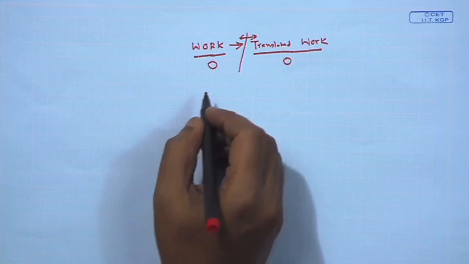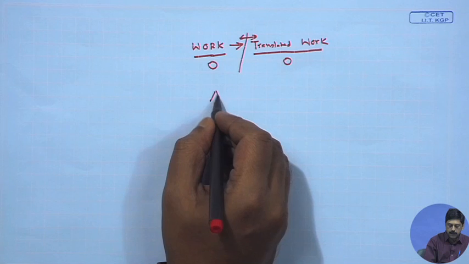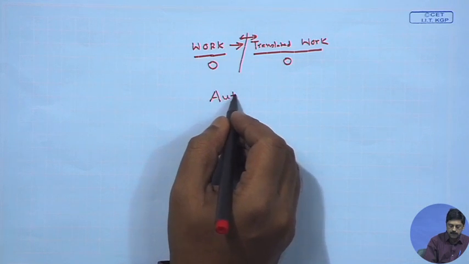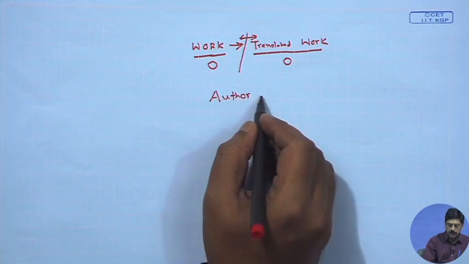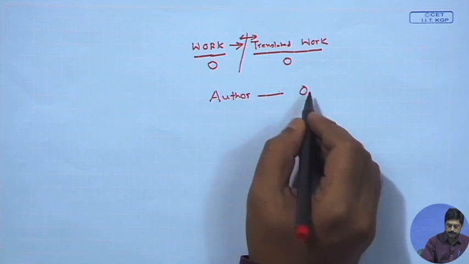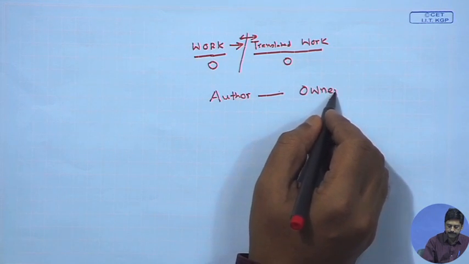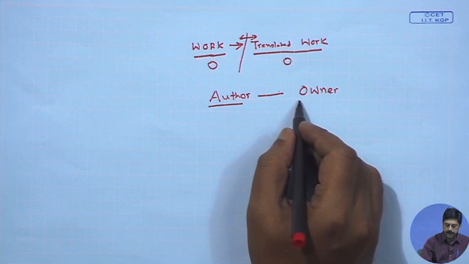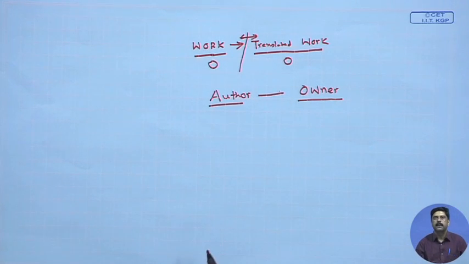So what I want to mention here is that we are getting two words here. One is author and another you may consider owner. When we discussed the patent, we came across the two words, inventor and patentee.